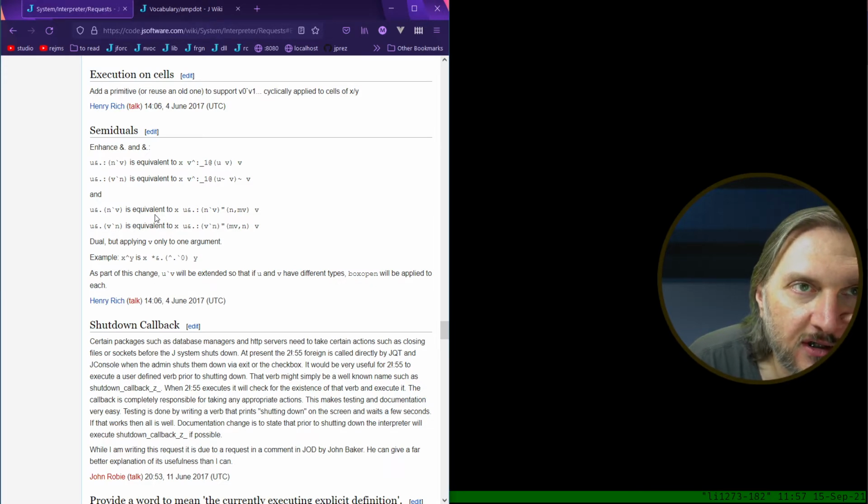You can never take a verb that was designed to work for scalars, for atoms, for individual things, and then suddenly make that smart enough to handle lists, right? There's a minimal amount of structure that it requires, and so you can't. It makes no sense to reduce the rank of a verb.